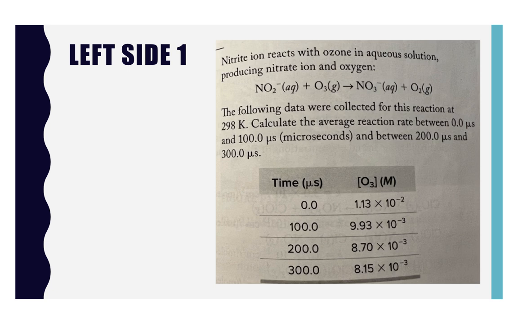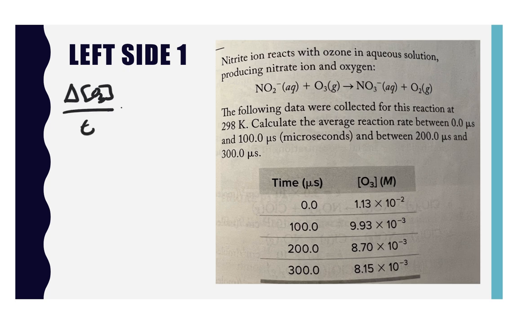All right, so the average reaction rate is going to be the change in concentration of the chemical divided by the change in time. And so for between 0 and 100 microseconds, I'm going to go ahead and look at what is my delta concentration of O3 and what is the time.